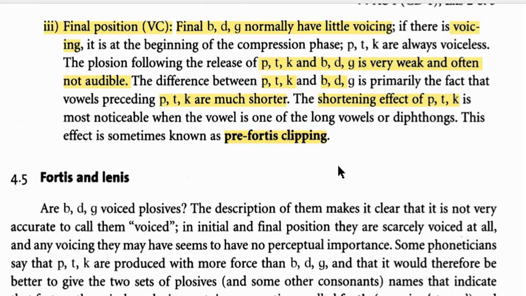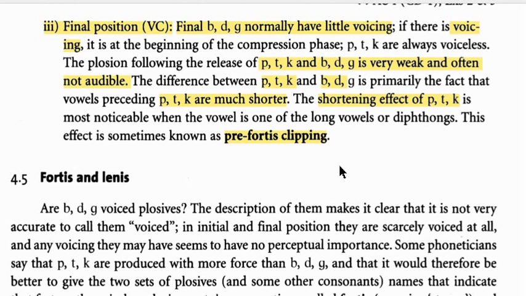When I say, for example, words like bag, the g at the end is not fortis, it's lenis. But when I say bat, see, there is a little difference between the a sound in these two cases.